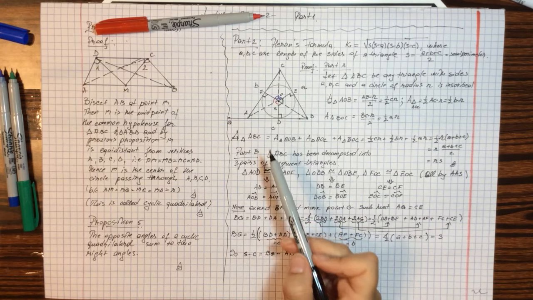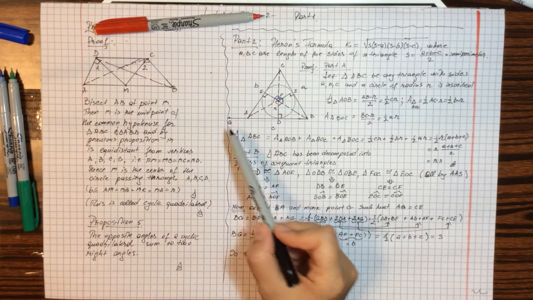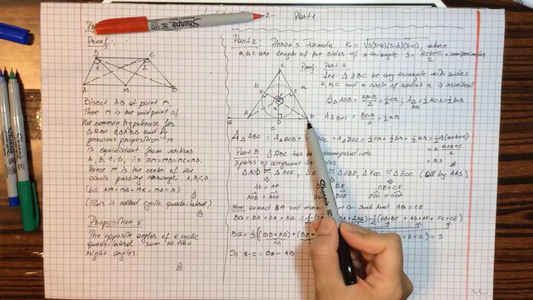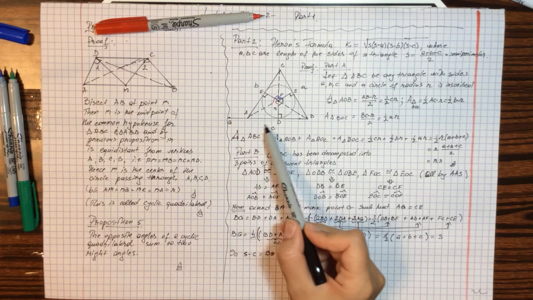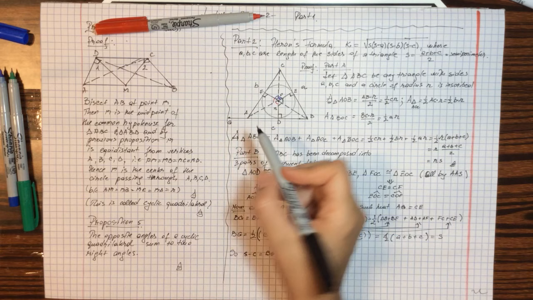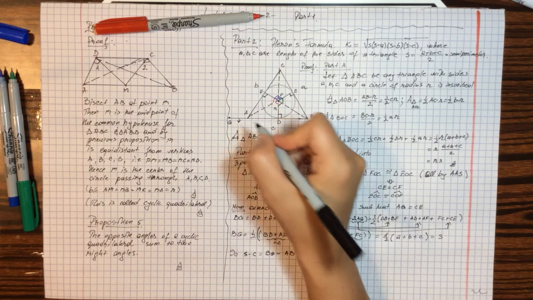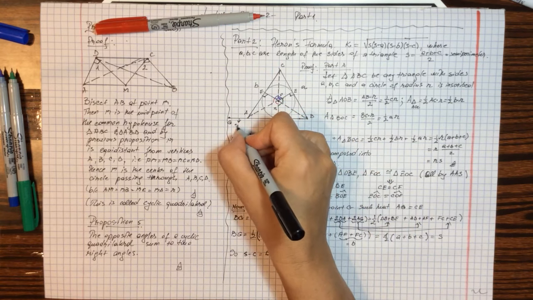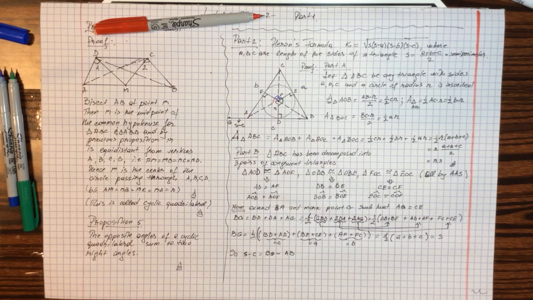So BG minus AB, this is the quantity S minus C, and that is equal to AG. Good. What about S minus B?